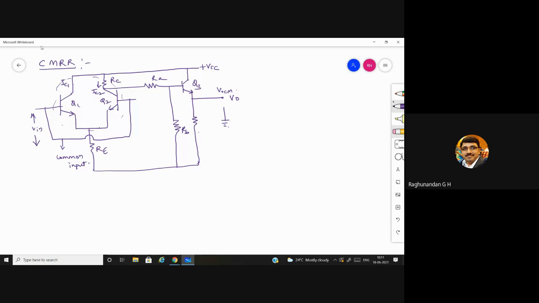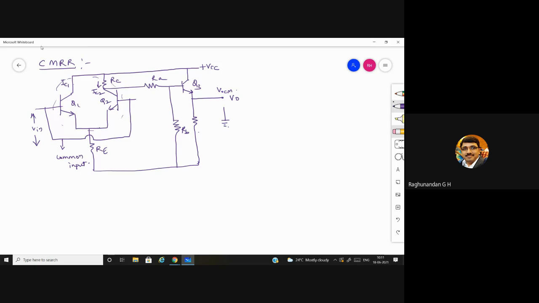Here you can observe one thing, both the transistors are given with a common input. Whenever both of them are given a common input, the output should be 0. But there is some presence of common mode noise, that is, unwanted signal.